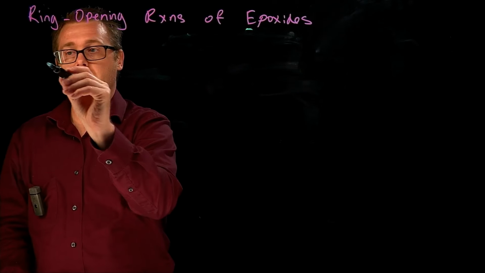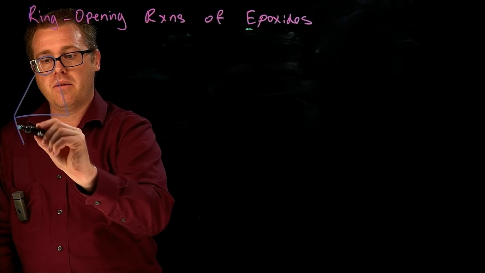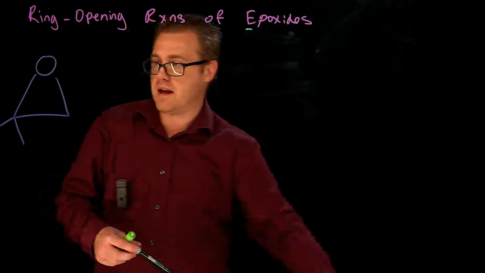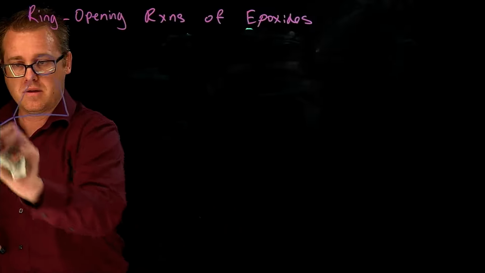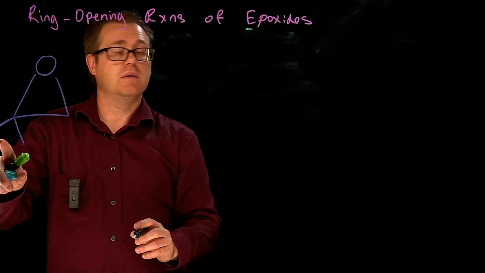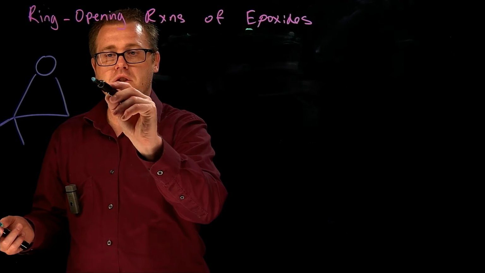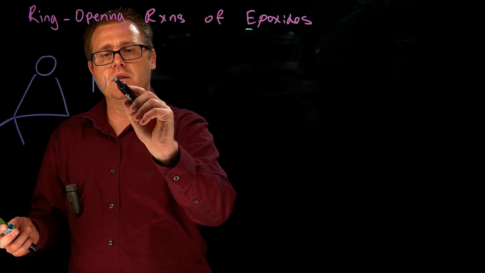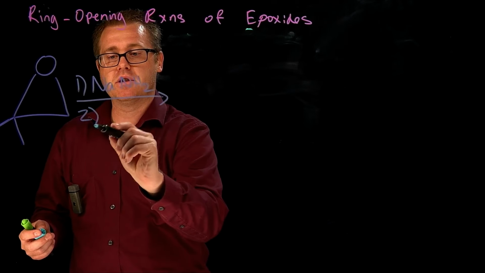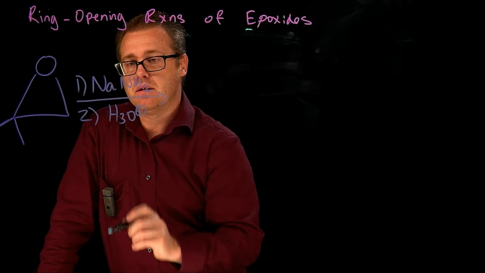So if we have an epoxide that looks like this, and we have two methyls coming off here, there's our epoxide, and let's say we treat it with sodium amide in step 1, and then in step 2, we add our acid workup there.